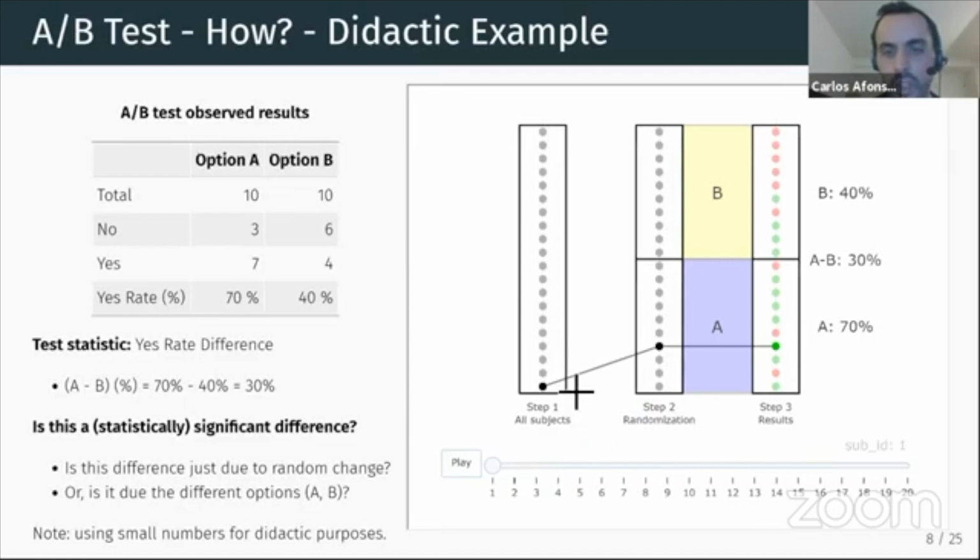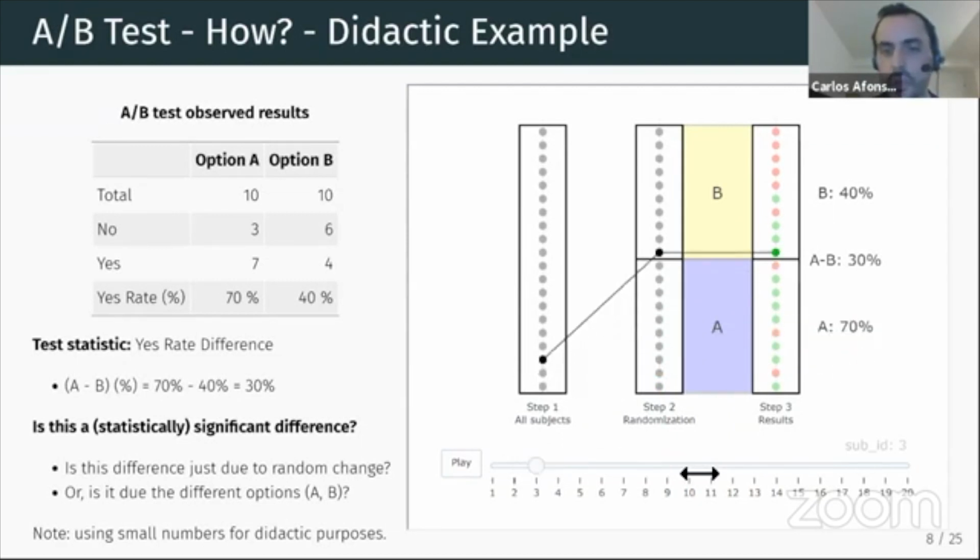So for example, we had this first individual that was in the whole pool of all the subjects, and through randomization, it was assigned to group A, and then we exposed it to option A, and it was a success. So it was a yes. He clicked on the ad, he bought the product, or so on. But for example, another individual, this one was also randomly assigned to group A, was exposed to option A, and it was a failure, was a no. Okay?